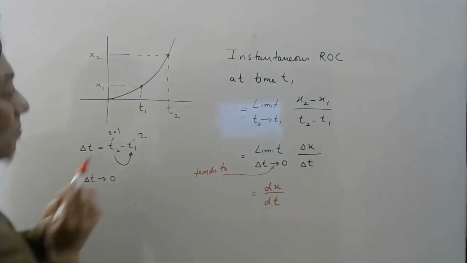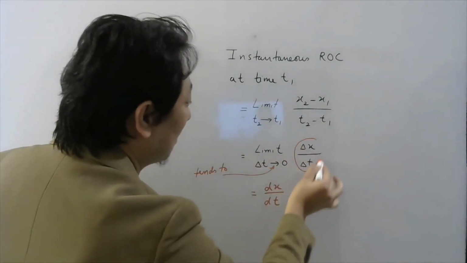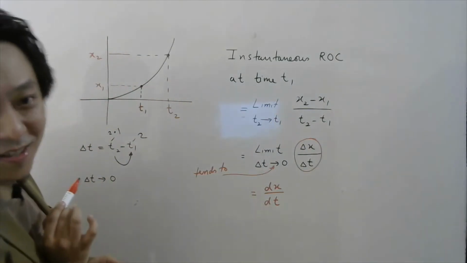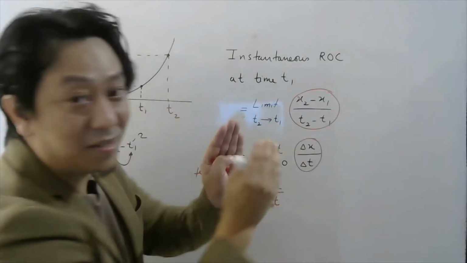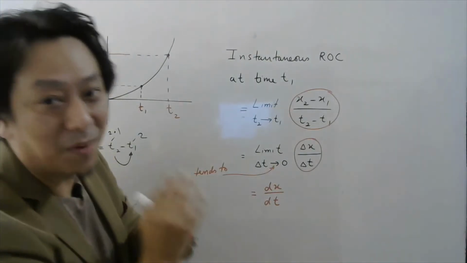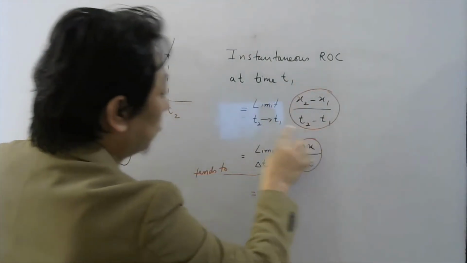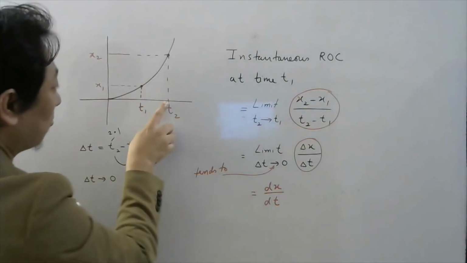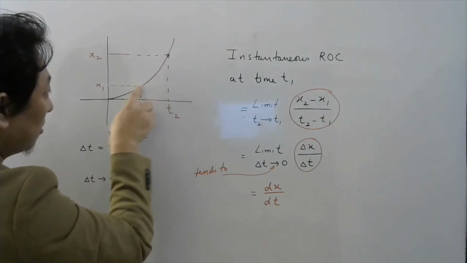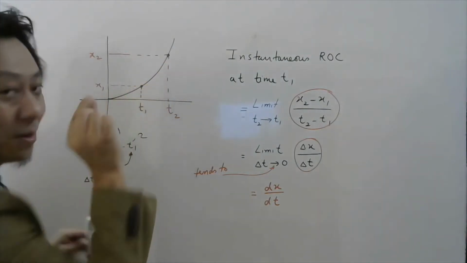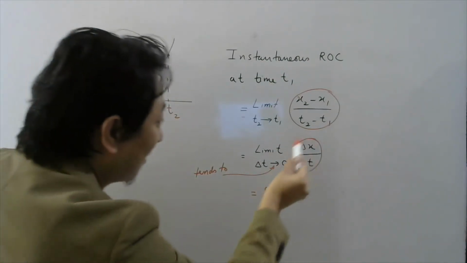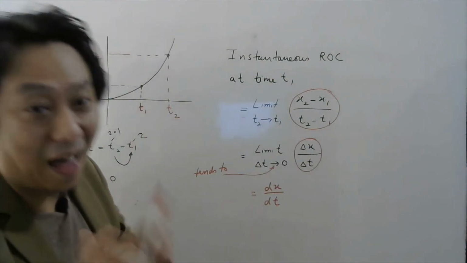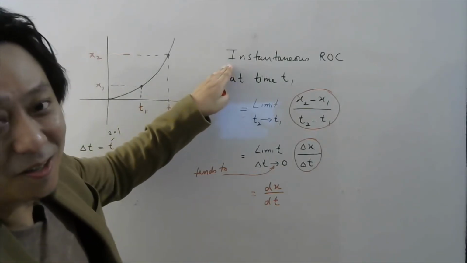So again please remember, this is simply the average rate of change, right? We have seen this is nothing but this, and this alone means average rate of change. But when t2 becomes very close to t1, when this point comes very close to this point, the part between the points becomes like a straight line, and therefore that ratio can be considered as the instantaneous rate of change at this instant.